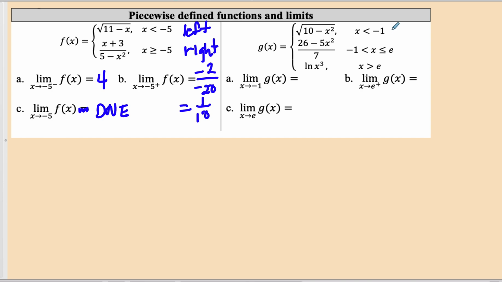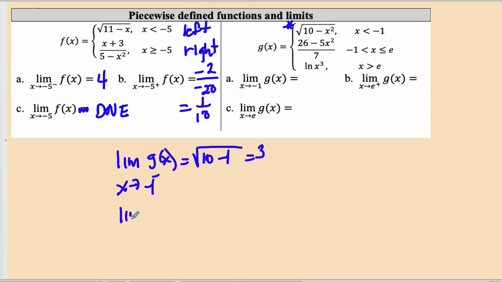Over here, let's take a look at the left and right for -1. So the limit as x approaches -1 on the left of g of x. I'm going to use this rule right here, the left rule, and so that'll be root, and this is going to be 10 minus 1, which is equal to 3.